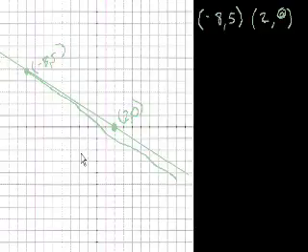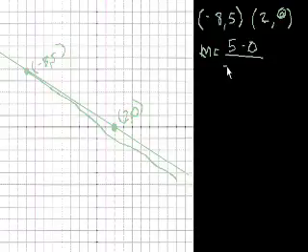Okay, so let's figure out the slope of this line. Well, change in y over change in x. Oh, I'm using the line tool again. I'm a spaz today. So let's take this as a starting point. We'll get y1 minus y2, 5 minus 0, over x1 minus x2, minus 8 minus 2.